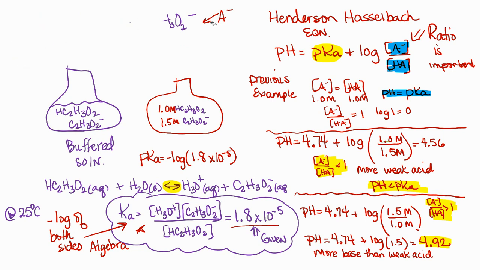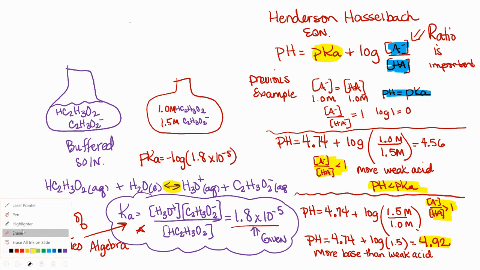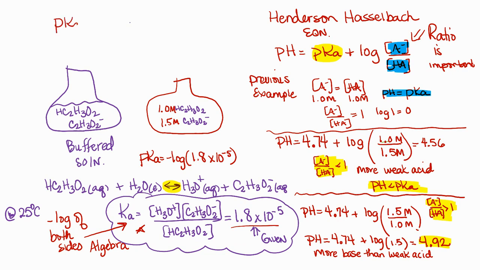This particular buffer system of acetic acid and acetate ion, the pKa is 4.74. We'd have to be given Ka to find it. That's kind of a given value.